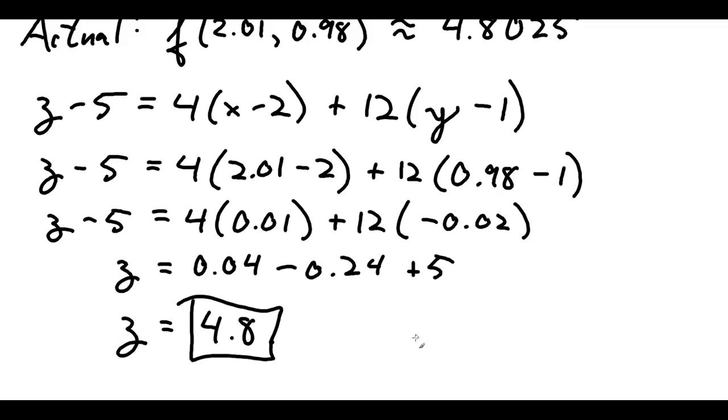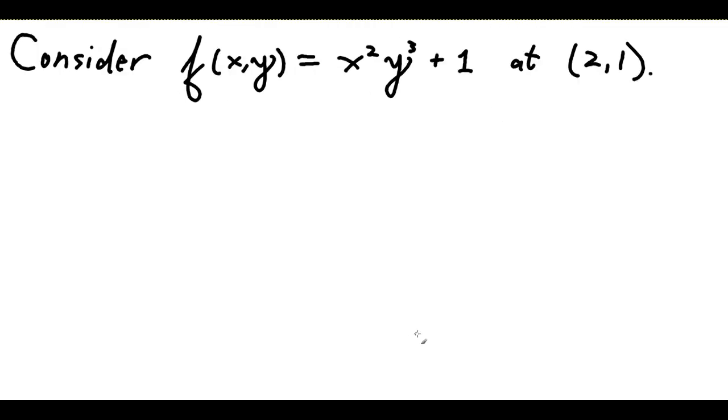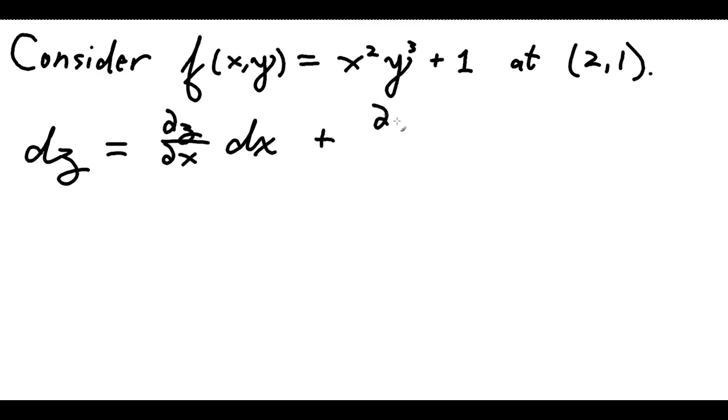Related to this is the notion of differentials. Let's approach the same general function and idea through the lens of differentials. So we have the total differential dz is equal to the partial of z with respect to x times the differential dx plus the partial of z by y times the differential dy.